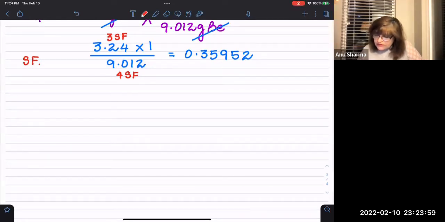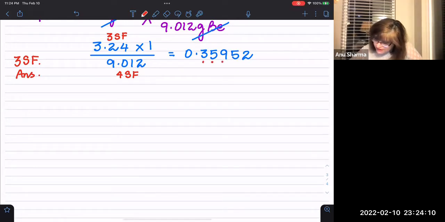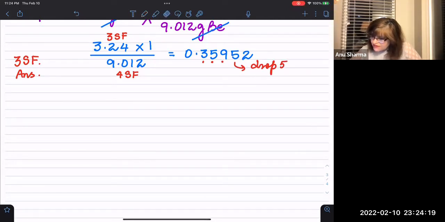Because this is multiplication, there should only be 3 significant figures in the answer. So we keep 0.359 and drop the 5, but because the 5 is there, the 9 gets rounded up to 10.